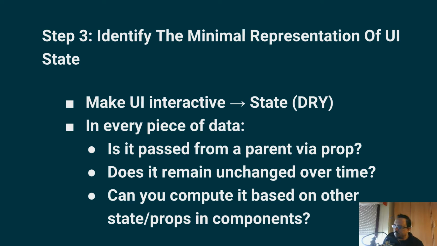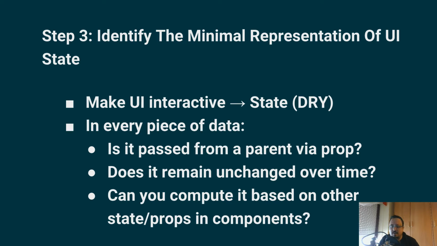So what we have to do in step 3, we've built a static version of the project. In a real project, that should be like the final design. That would be beautiful. Now I want to make it interactive. I want to click on the filters. I want to click on the paginators. I want to move, and so we have to add the state following the don't repeat yourself principle.